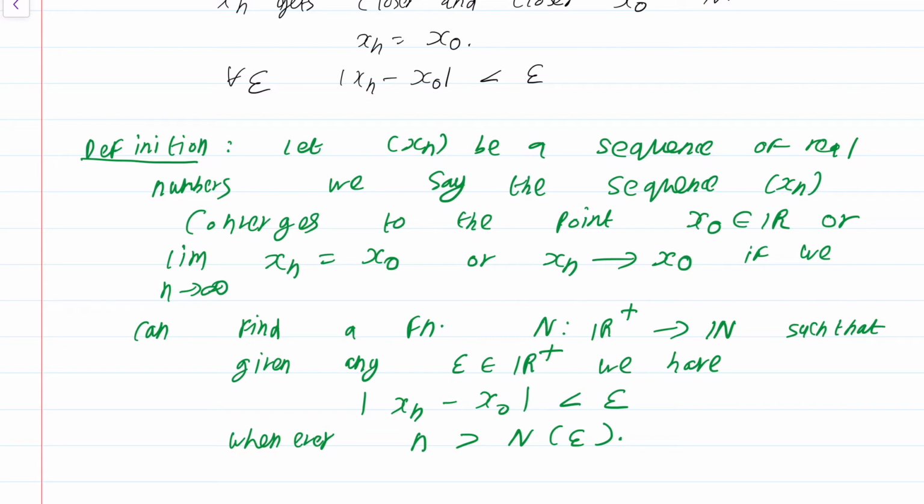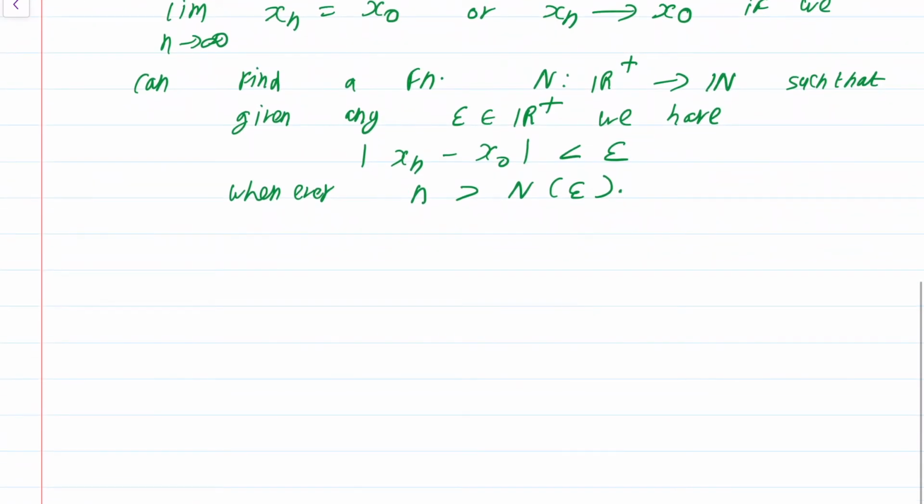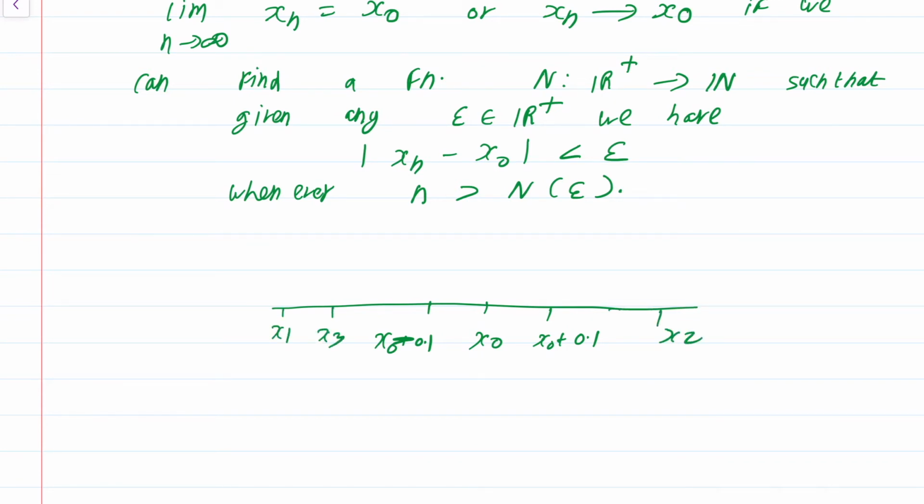Pictorially, if somebody gives you 0.01 as their level of desired approximation, around x0, from x0 minus 0.01 to x0 plus 0.01, then x1, x2, x3, and so on might fluctuate outside this desired level of approximation, but the moment you cross N epsilon, all the terms of the sequence are forced to be within this interval.